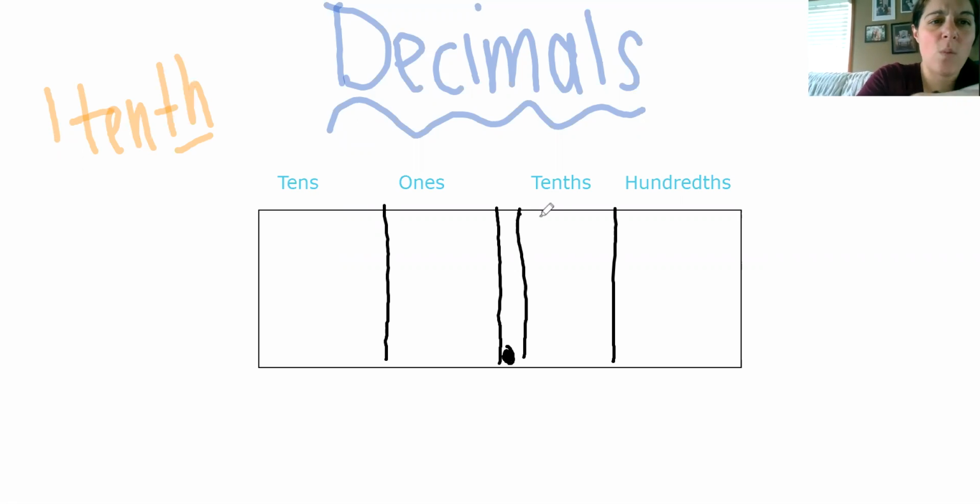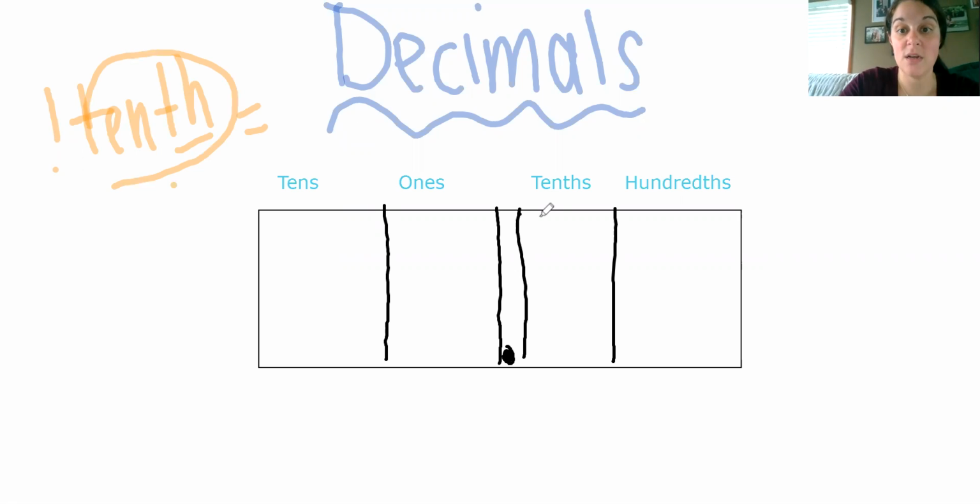Okay. What does that 1/10 equal as a fraction? I'm just going to put the information right into my place value chart. This says 1/10. The word tenth tells me it's going into the tenths. So I have 1/10. Okay.